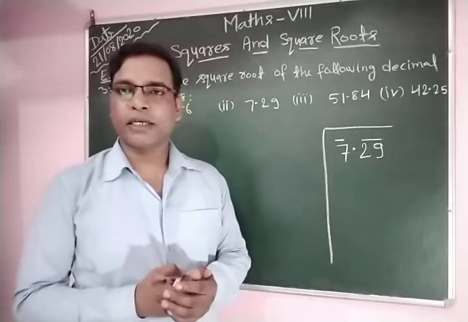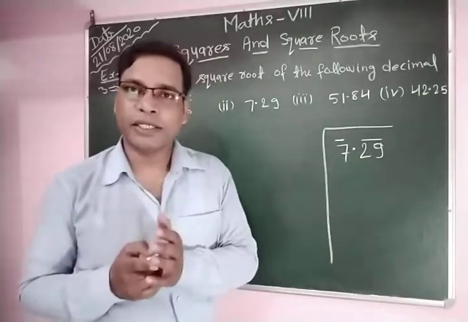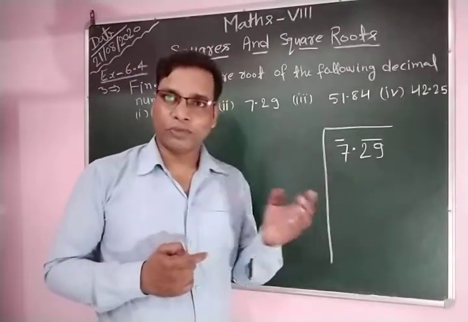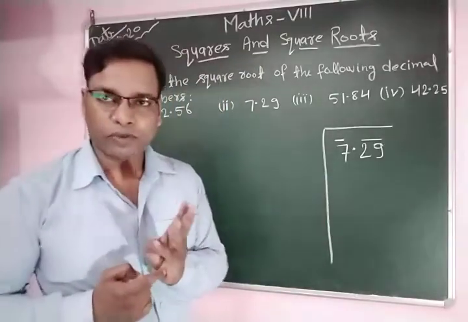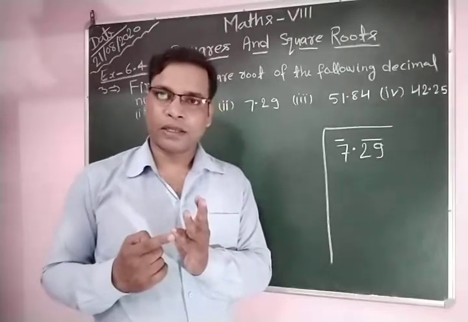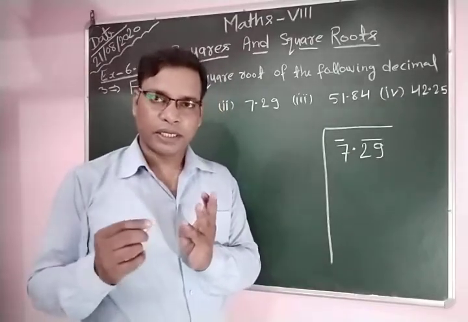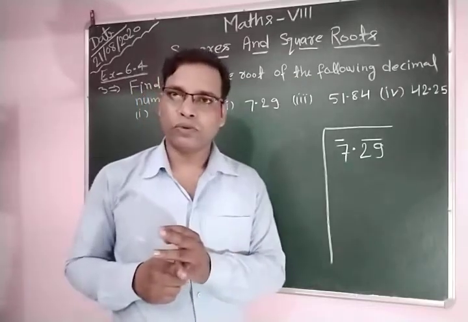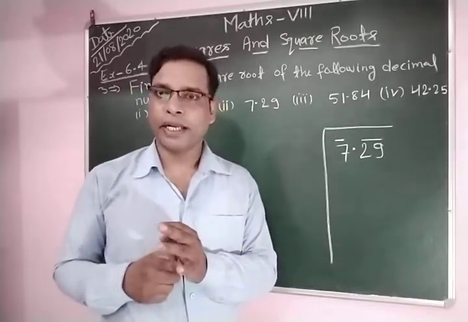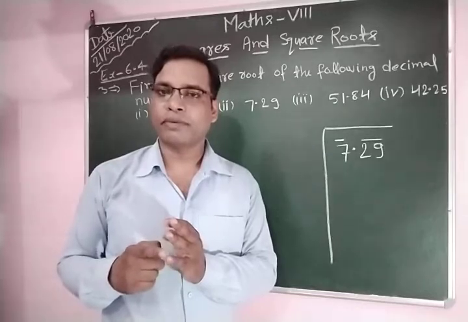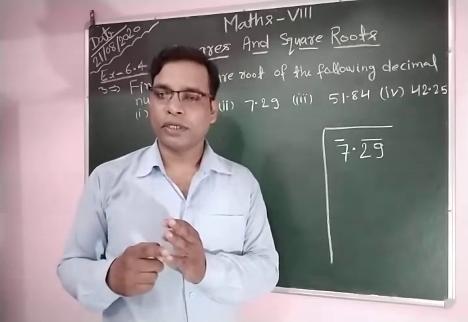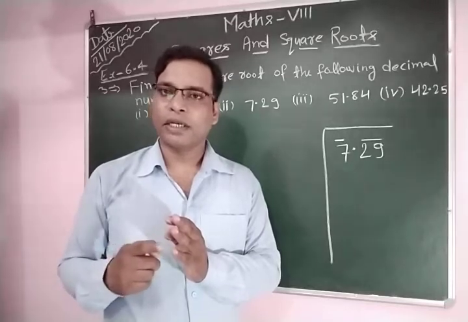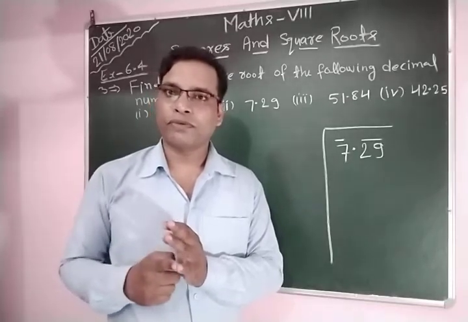So we select a number whose square is less than or equal to 7. If you take 1, the square of 1 is 1. This is less, but the difference between 7 and 1 is so large. The square of 2 is 4, and the square of 3 is 9. So 9 is greater than 7, so we do not take this number. We take 2.